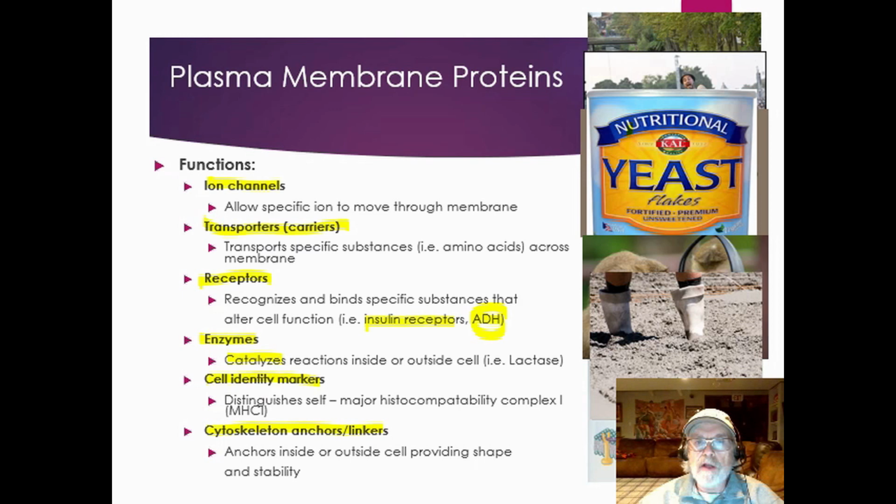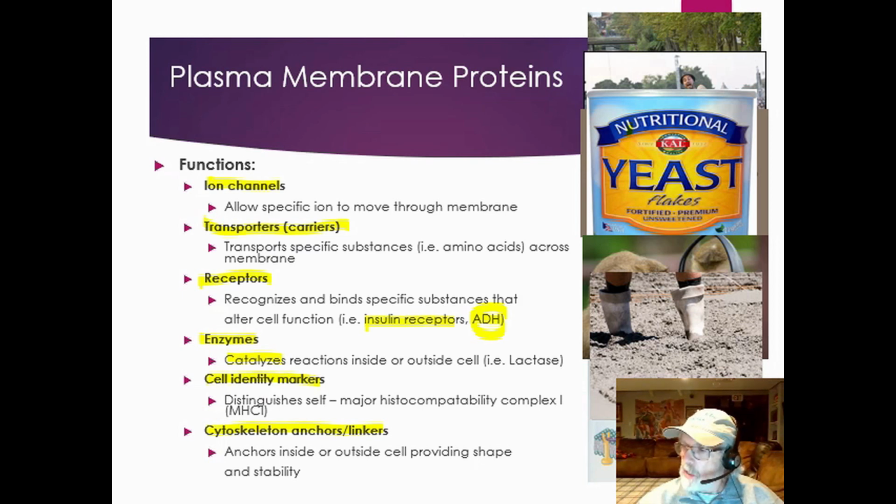So these are some of the plasma membrane proteins that we have to know about. Ion channels allow an ion to pass through the membrane. Transporters are proteins that will carry things from one side of the membrane to the other side. Receptors are sensitive, like a lock and a key, to a particular substance, which allows another action to take something inside the cell.